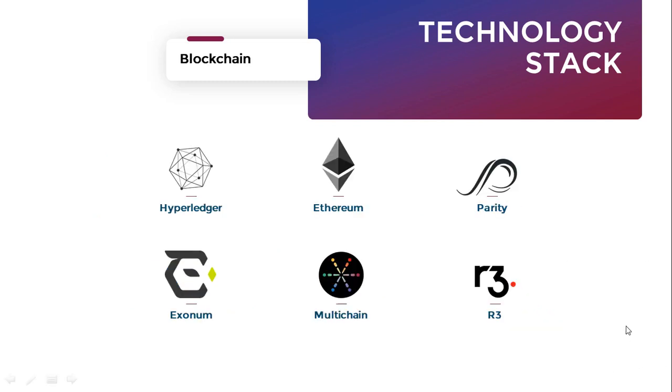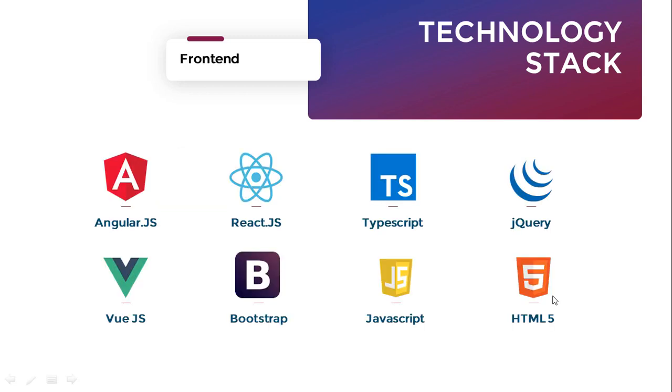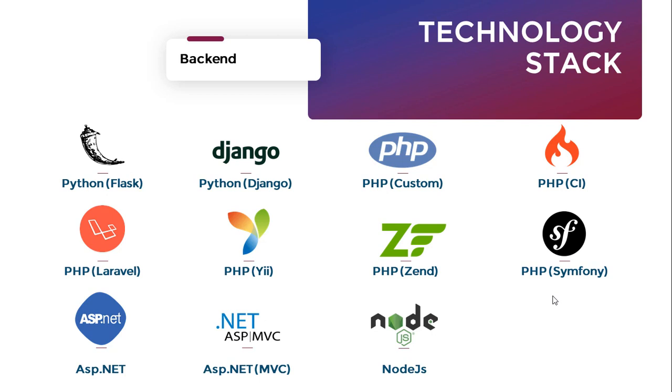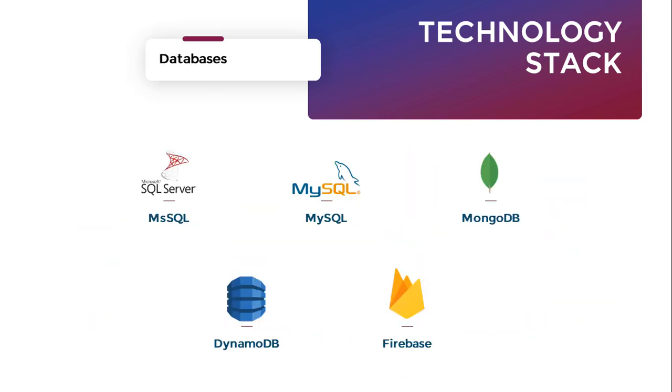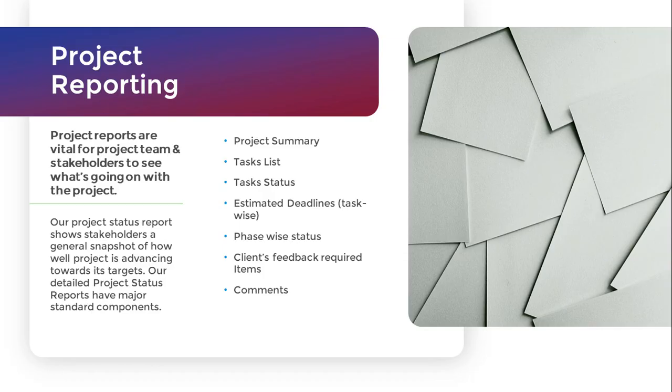We've got a number of technology stacks that we use for blockchain. We've then got our front end development, our back end development, open source, our mobile apps, our databases, a number of different technology stacks.